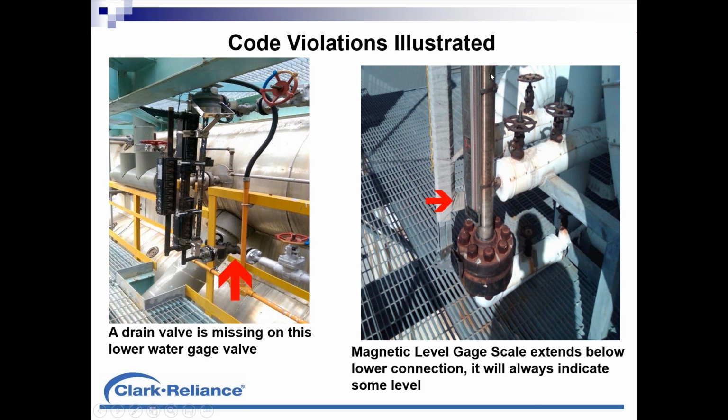This is a magnetic level gauge shown off to the right. And I'd like to point out again, they've got this lower part of the scale below the water leg feeding that chamber. And if you look casually at magnetic level gauges on the websites for different manufacturers, you'll see a lot of manufacturers showing the scale of indication going into and above the upper connection and into and below the lower connection.